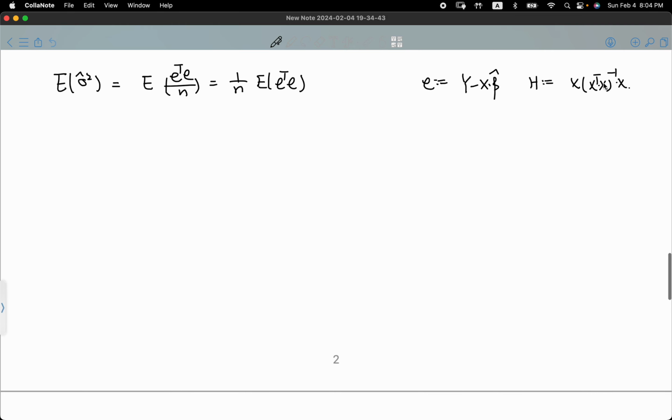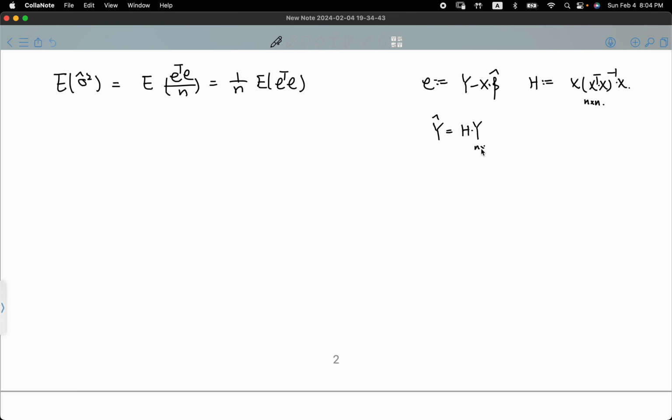This is what we call a hat matrix, so we use H here. And this should have a dimension of n by p, p by p, p by n, so n by n dimension.